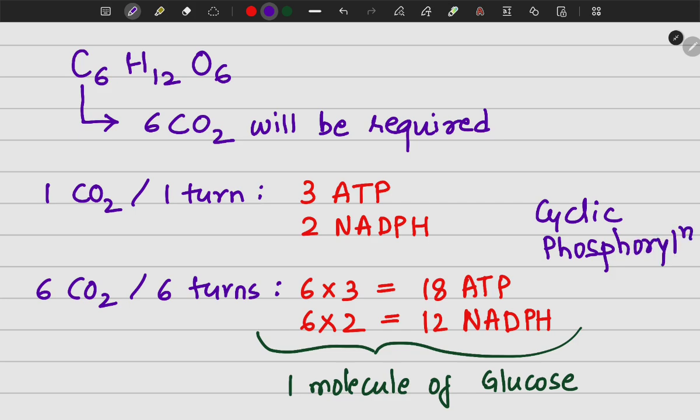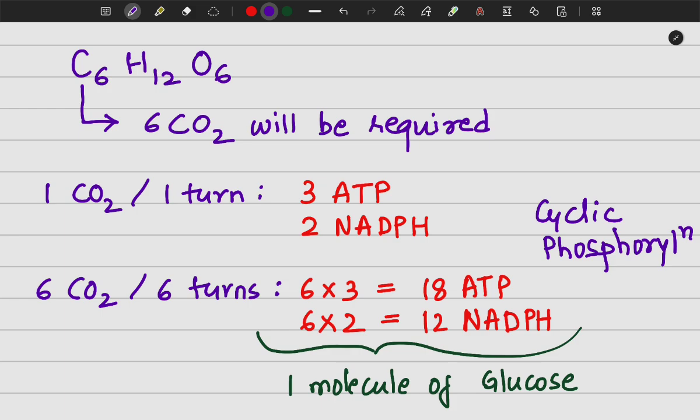If you remember, we studied about cyclic and non-cyclic photophosphorylation in our previous lecture, right? So in cyclic phosphorylation, only photosystem 1 is required, in which there is a cyclic flow of electrons that leads to the formation of ATP. So now it is clear what is the importance of that cyclic phosphorylation.